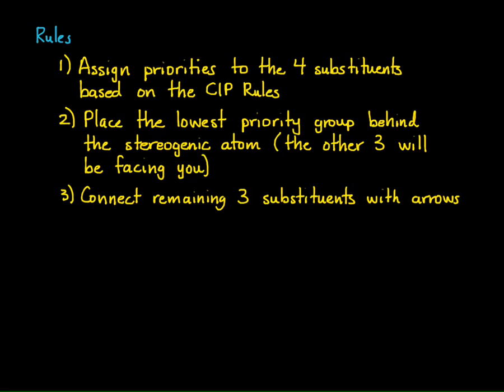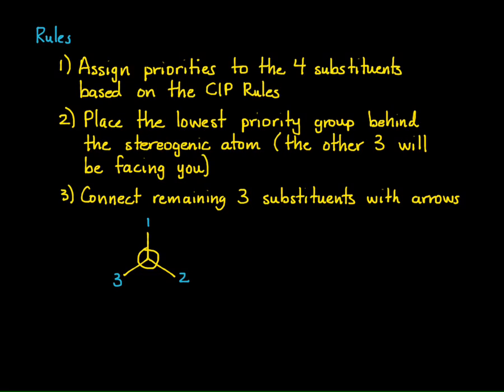Now, how do you do this? Well, let's envision a Newman projection, right? So here I have a Newman projection, and I'm looking at my stereogenic carbon, and behind me is the lowest priority substituent, so I can't see it at all. And then in front of me, I have the three remaining substituents that I have prioritized. And let's say the first priority is here, the second one here, and the third one here.